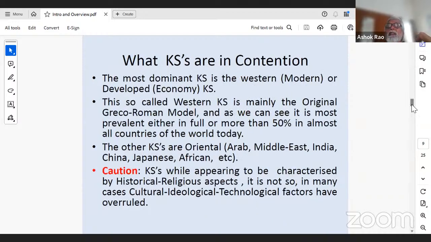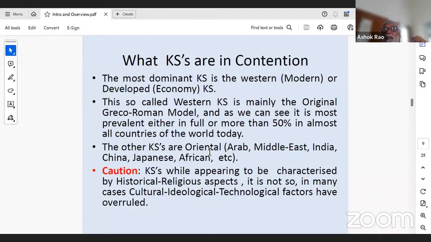So what are the knowledge systems which are in contention? The most dominant knowledge system is a Western or a modern developed economy knowledge system. This is actually the original Greco-Roman model. And we can see it most prevalent, either in full or more than 50%, in almost all countries of the world today. Very influential. It also has contributed because colonization made it more popular than it otherwise deserves.